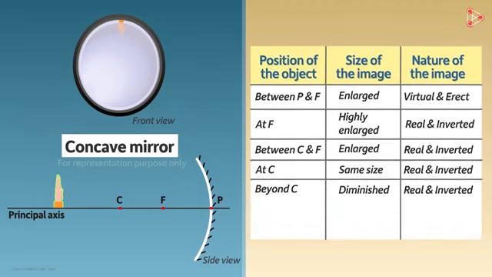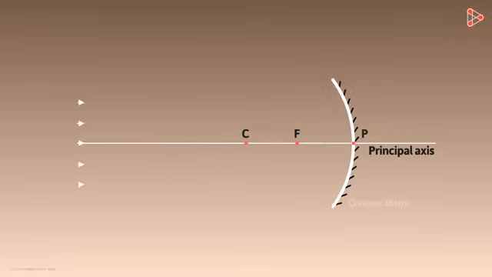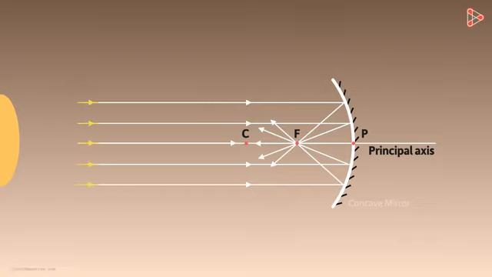What if the object is placed at infinity? Well, if you remember that in our previous video, we saw that the rays of light parallel to each other as well as to the principal axis will converge at the focal point. And in that example, our object was the sun. Sun is at a very large distance away from the Earth, and hence we consider the rays of light from it reaching the surface of the Earth to be almost parallel.